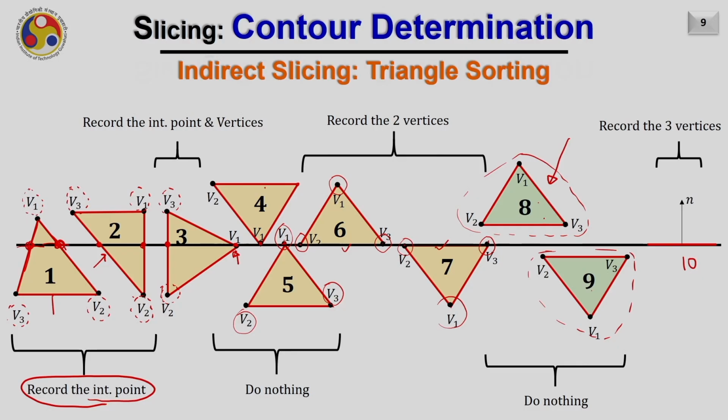And as I said, for cases 8 and 9 we need not do anything, because these triangles are either above the slicing plane or below the slicing plane and hence not participating in the slicing operation. In case 10, when all three points are on the slicing plane, we need to record all three vertices.